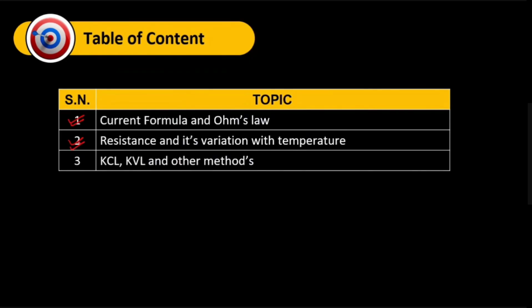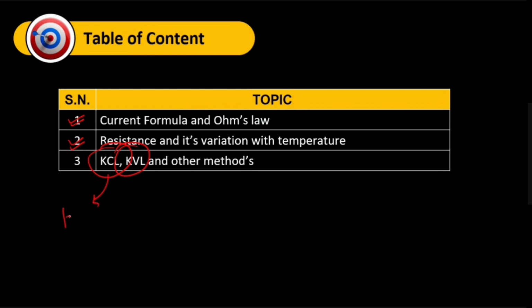So, these are going to be the topics of today's lecture. We're going to talk about what the formula of current is, how it is defined. Then we are going to relate that current with the potential, like what is potential. Then we're going to talk about resistance and how it can be varied with temperature as well. Last but not least, the ways of solving some circuits using some laws.